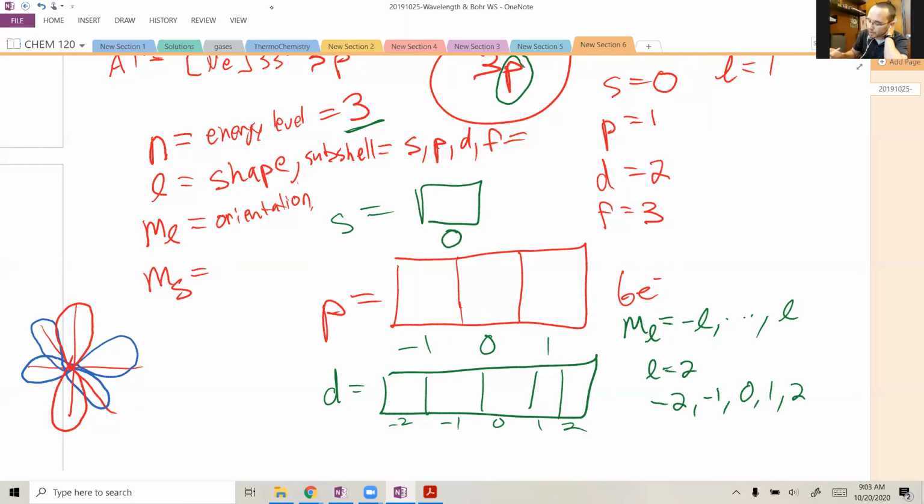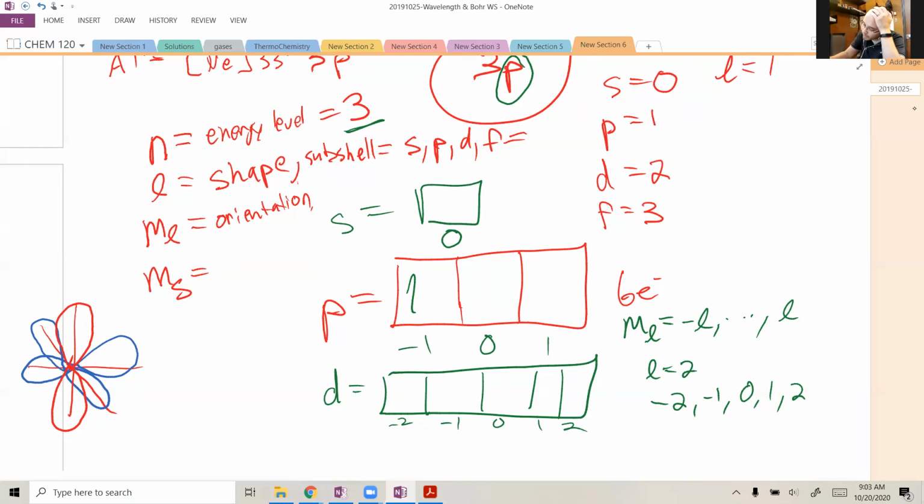Okay. And now that we're trying to do our M sub L, if we had assigned this to a specific box, then we would know where it is. But the tricky part is that based on the orientation, it could really be in any of those boxes. We wouldn't really know.